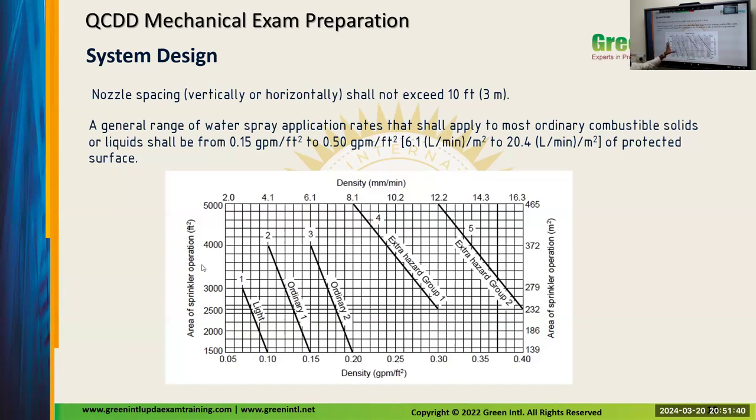This is called a density area chart. Based on this, a general range of water spray application shall be applicable to most ordinary hazards. Here you can see density 0.15 GPM per square foot for ordinary hazard, having a sprinkler area of 4000.